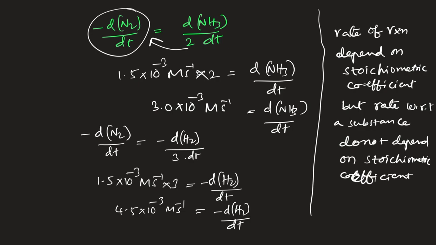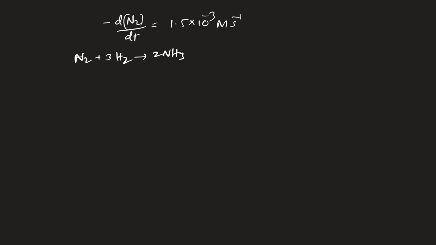That I will prove with this same problem. I told you that minus d[N2]/dt is equal to 1.5 × 10^-3 molarity second inverse. This is with respect to N2 + 3H2 gives rise to 2NH3.